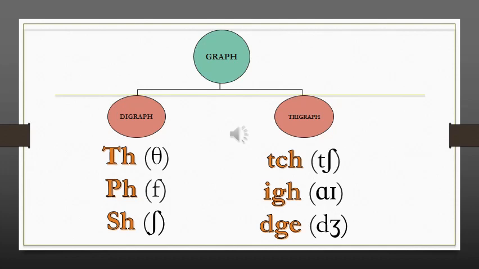In digraphs or trigraphs, two or three letters combine to produce one single sound, but in blends, the consonant letters appear in combined form, yet each consonant has its own separate sound. This is the major difference between blends and digraphs and trigraphs.